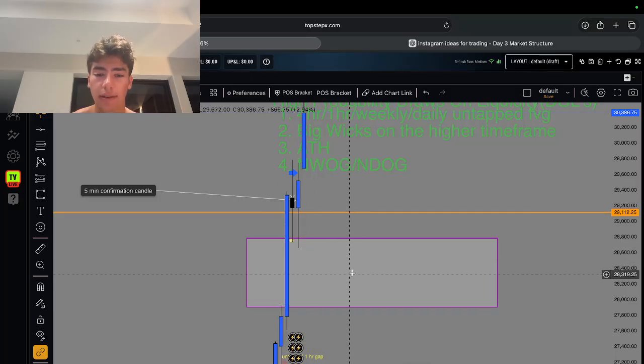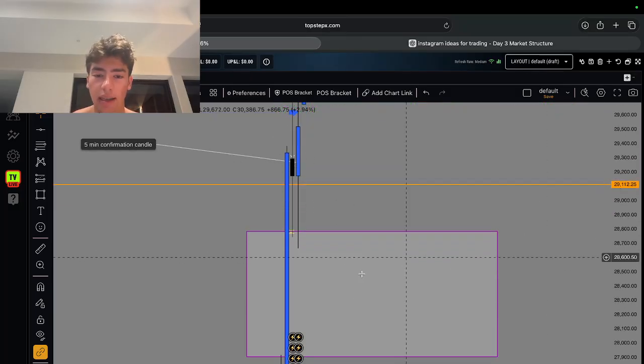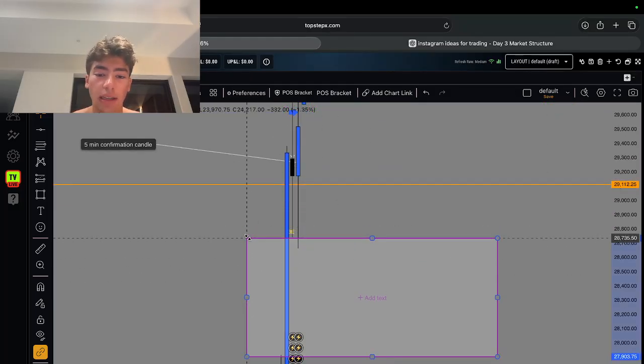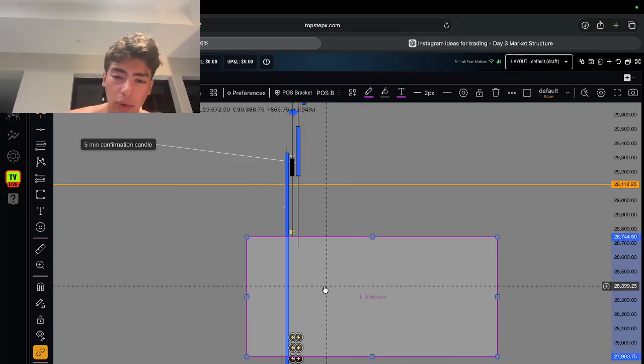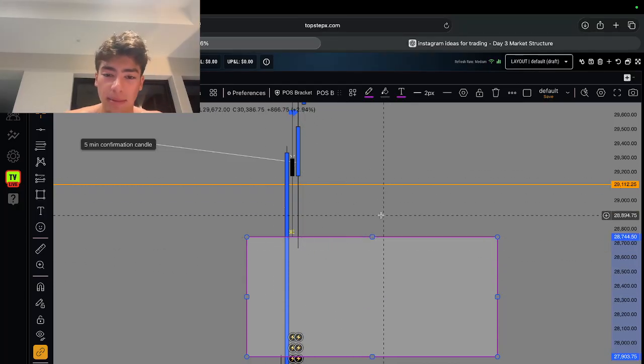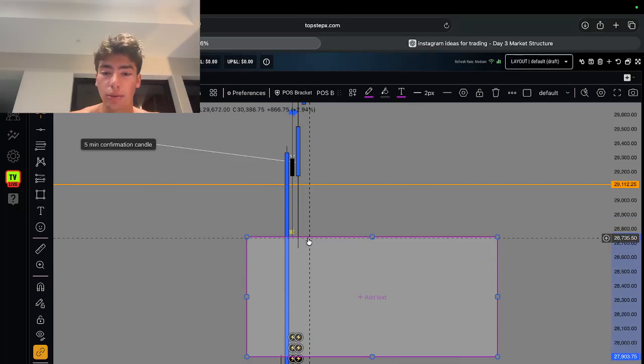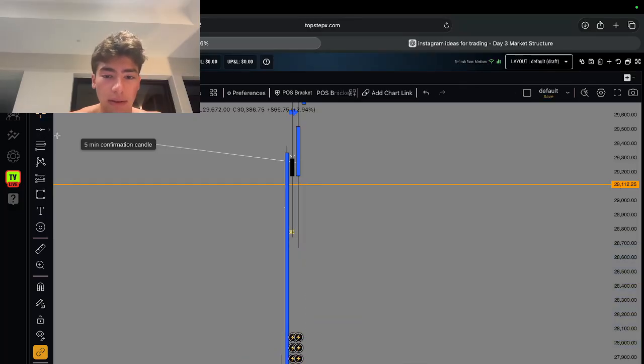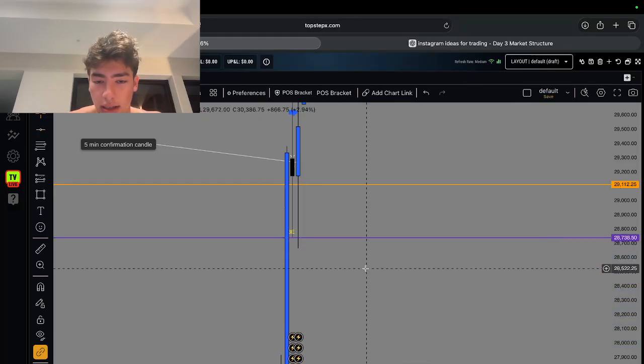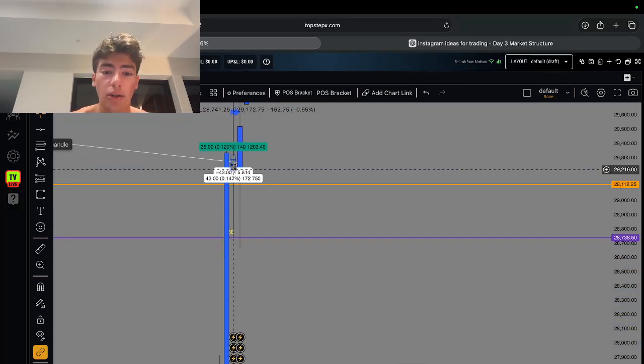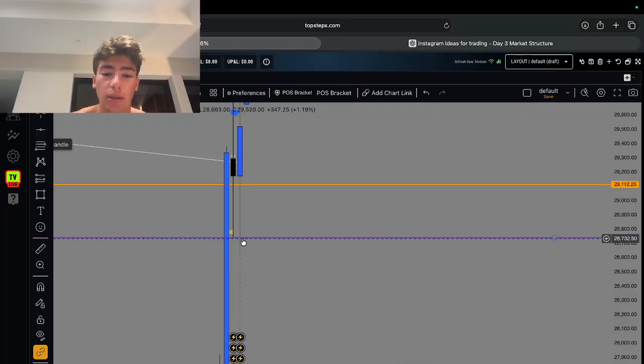This is the weekly fair value gap, and it's not untapped anymore, but previously it was untapped. And what would you do? You would mark out the top of it and possibly target shorts. Look for shorts to this untapped weekly gap.